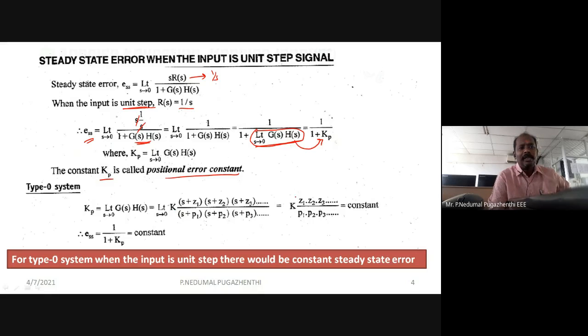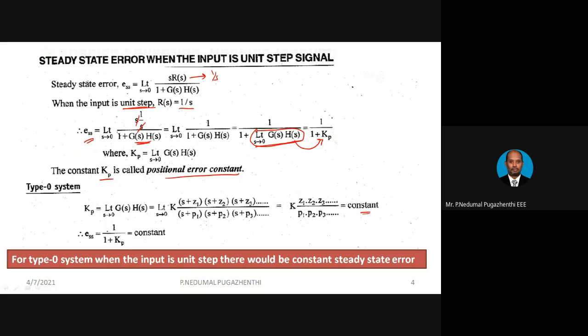So K into some value will be there, which will be a constant value. Since Kp is a constant value, 1 by 1 plus that constant will again give a constant value. So you will have a steady state error when a system is type 0 and you are supplying the system with a unit step input.